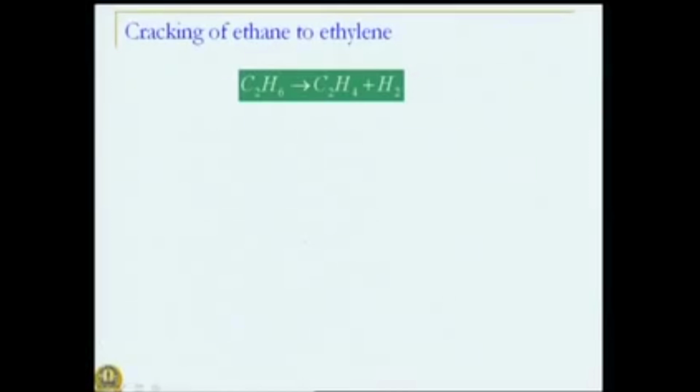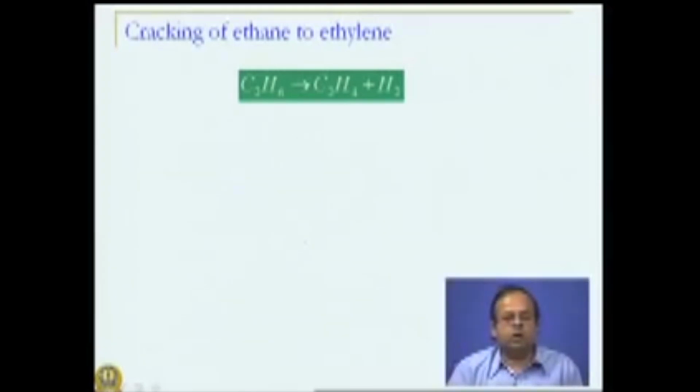Now, let us come back to analyzing this kind of reactions, and we will start with simple examples. Now, let us take this example of cracking of ethane to ethylene. We in fact discussed this example in the very first or second lecture, saying that reactors are designed to achieve certain conversion, certain 60% conversion and so on and so forth.